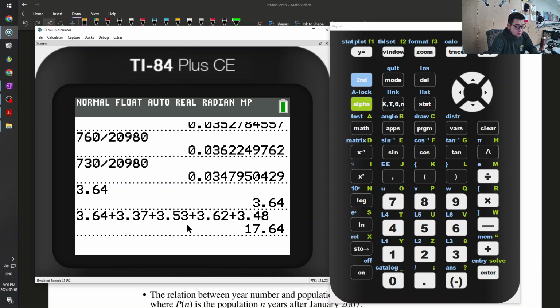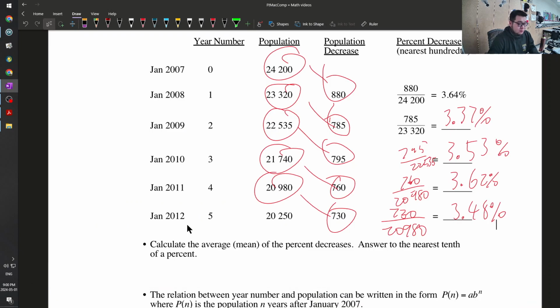Okay, so the whole thing divided by 5, you get 3.528%. Rounded to the nearest tenth, we get 3.5%.